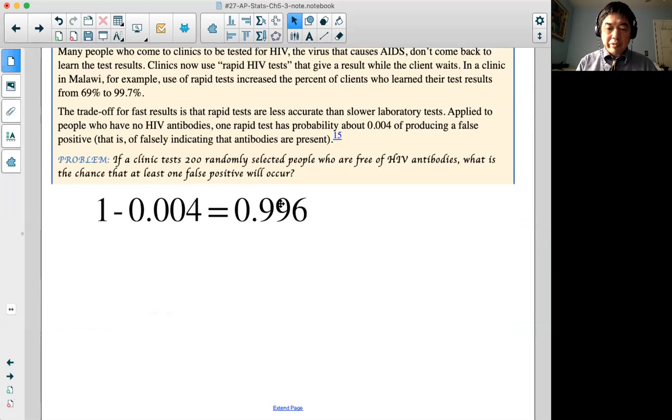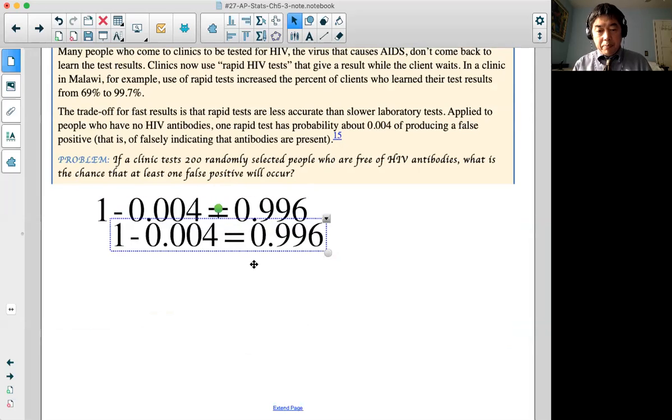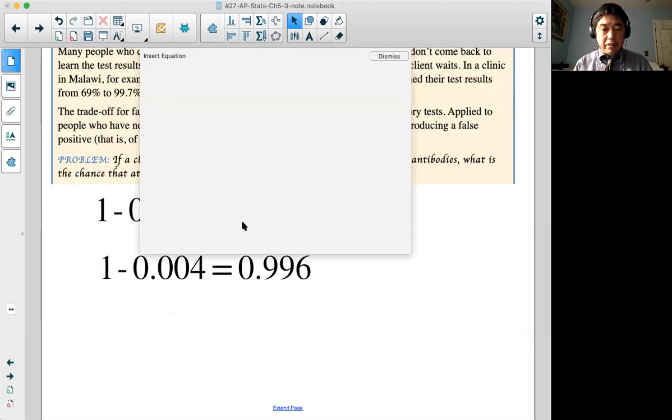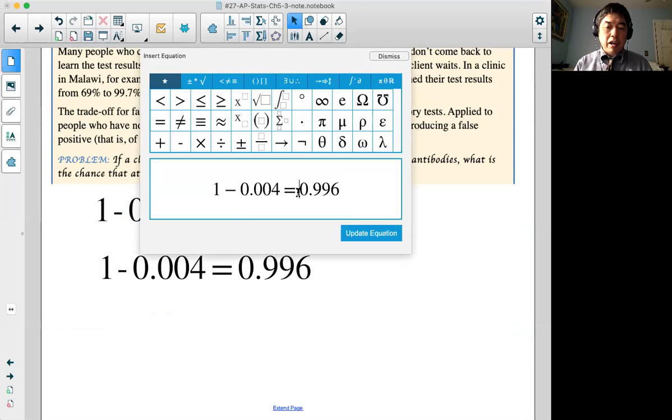So what's the success rate of this? You have to have 0.996 to the 200th power, okay? So this is the success rate.